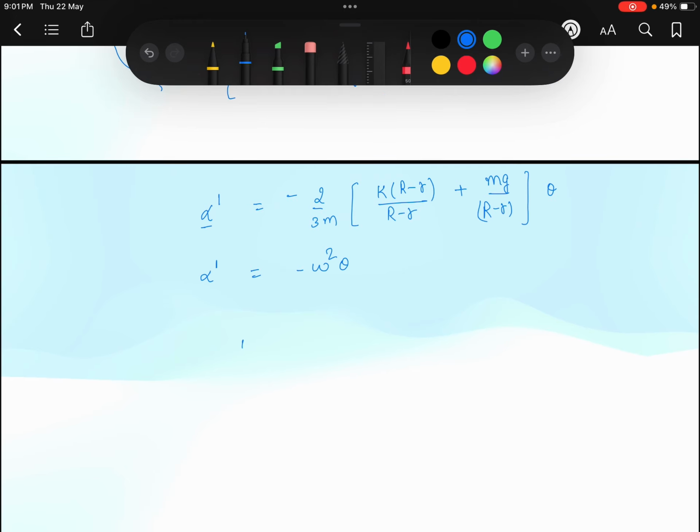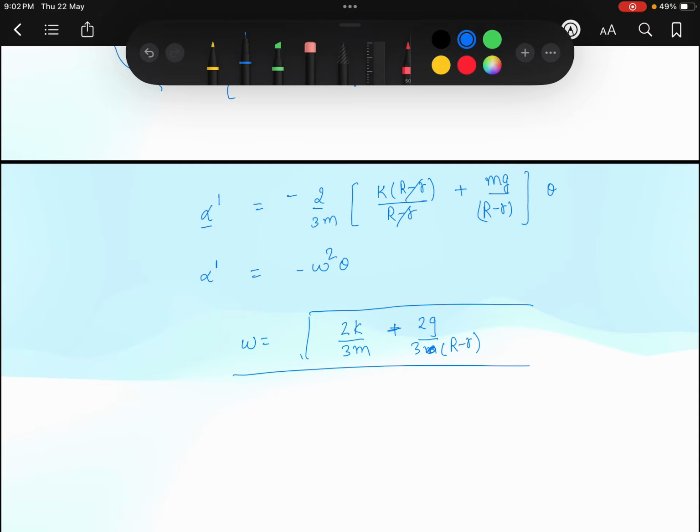So if we compare, then we will get omega as the under root of, we will multiply this 2 by 3 m term inside it, and this capital R minus small r will be cancelled out here, then it will be equal to 2k by 3 m, right, plus 2g divided by 3, sorry, m is cancelled out, capital R minus small r.